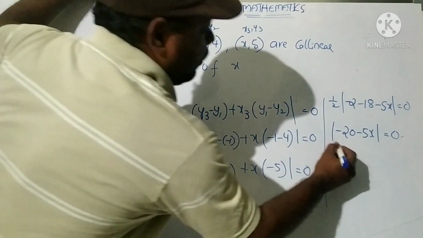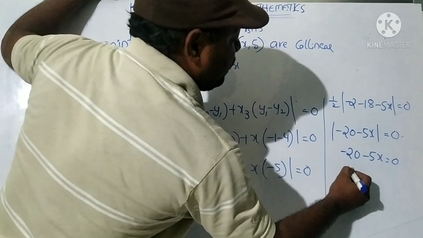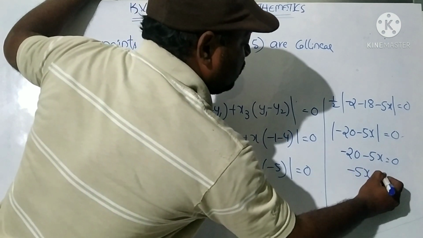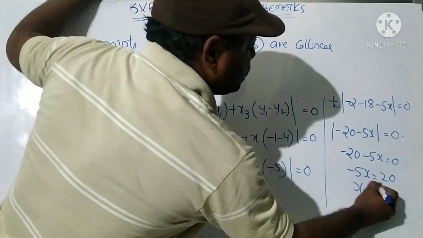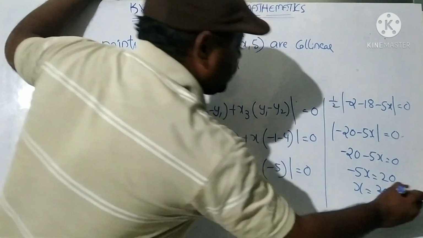So minus 20 minus 5x equals 0, minus 5x equals plus 20, x equals 20 by minus 5. 5 ones are 5, 5 fours are 20, so x equals minus 4.